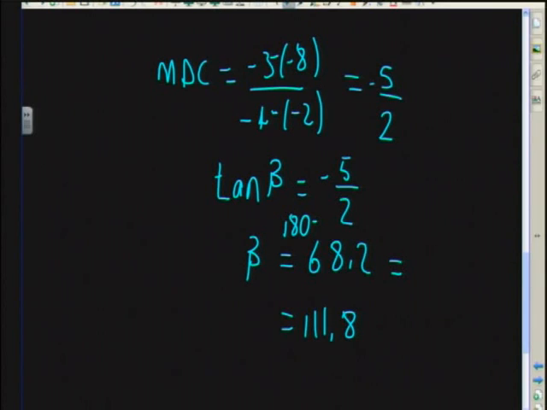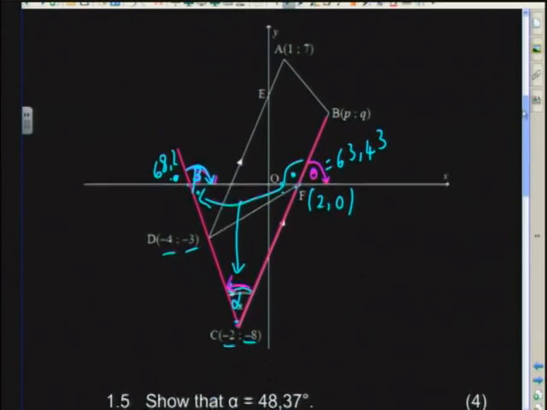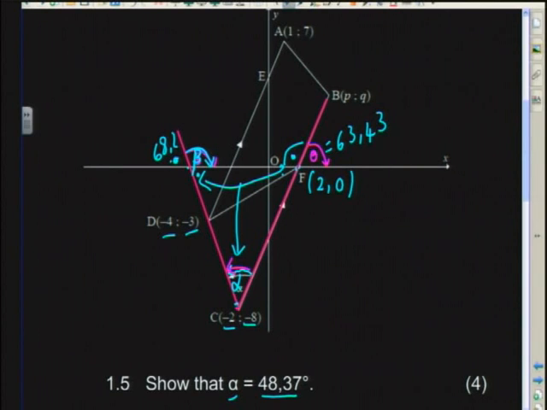All right, once we've got beta, so we know what this one is, 111,8, we can then say, lots of different ways, guys. So what I'm going to do, probably the easiest way, is to work out that this is vertically opposite. So this angle here is going to be 68,2, right?